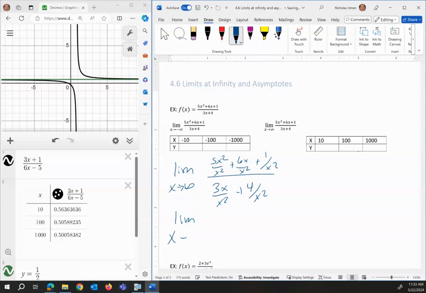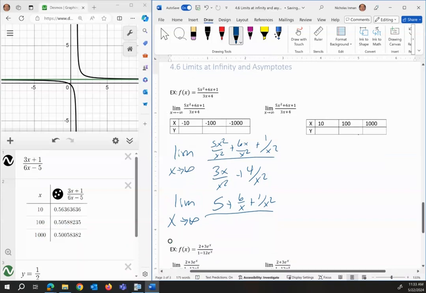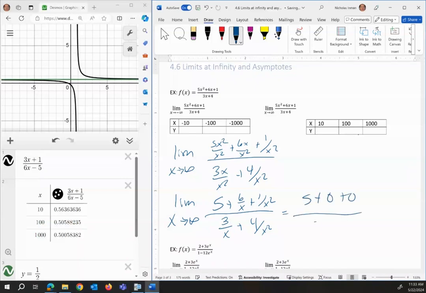Reducing this thing, or plugging in infinity, I've got 5 plus 0 plus 0 over 0 plus 0. Yikes, I've got 5 over 0.